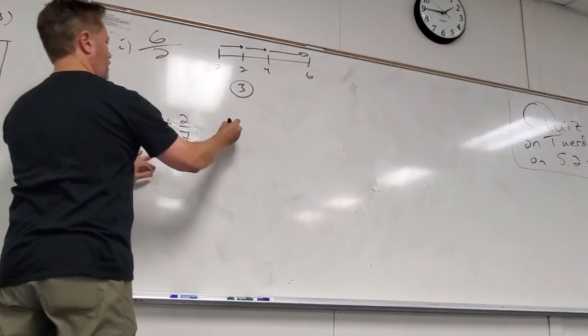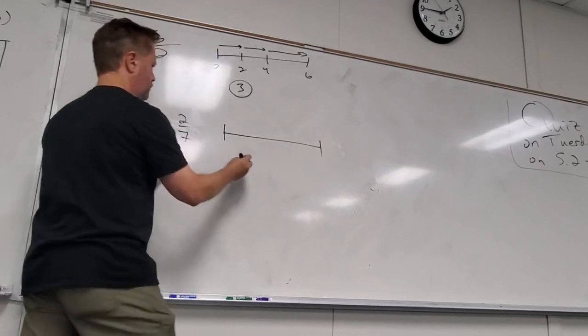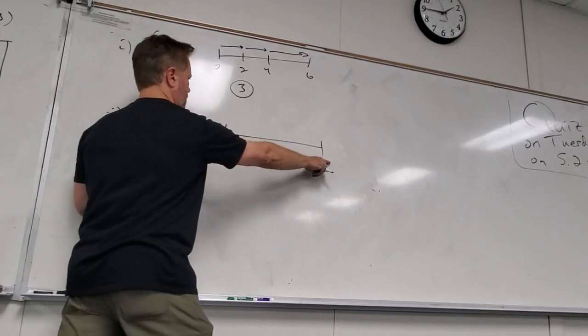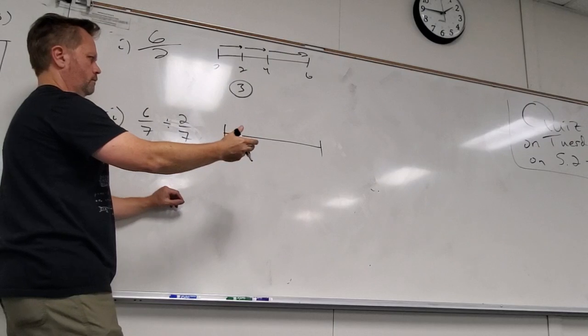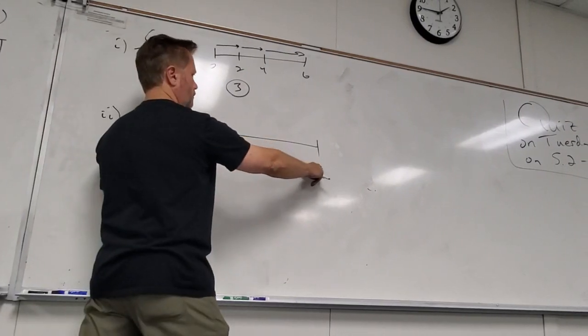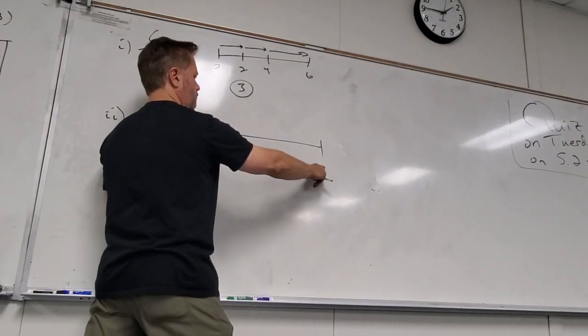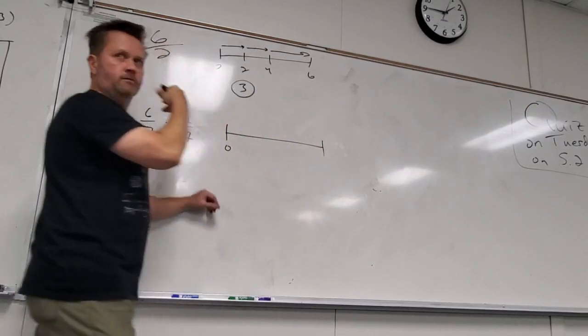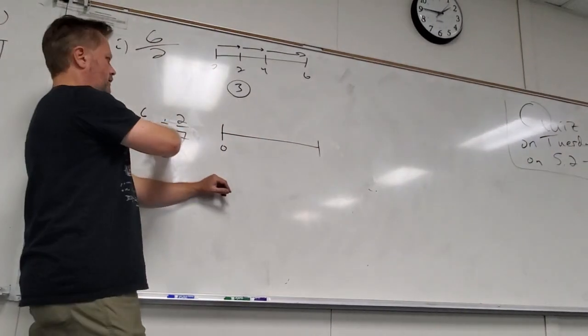So like this one, I would take the number on top. So how'd you guys do it? Here's 0. What's over here? 1. Could be 1. Yeah, let's say 6 7ths, right?